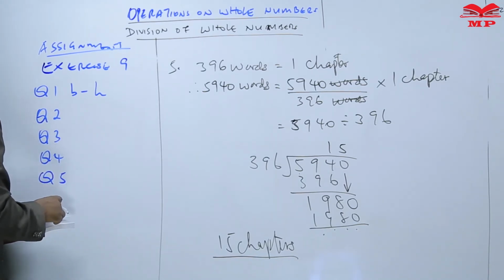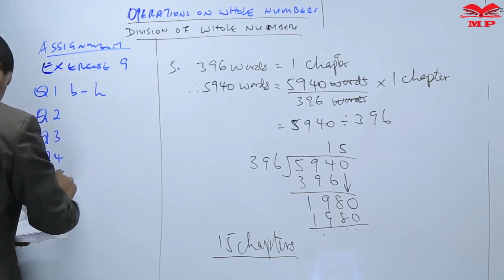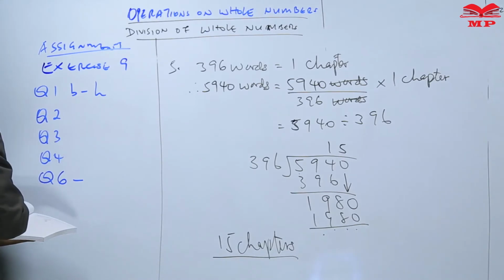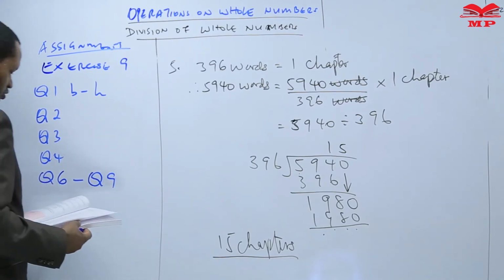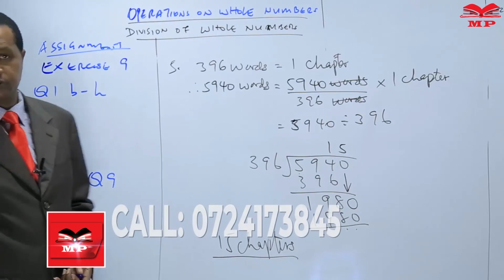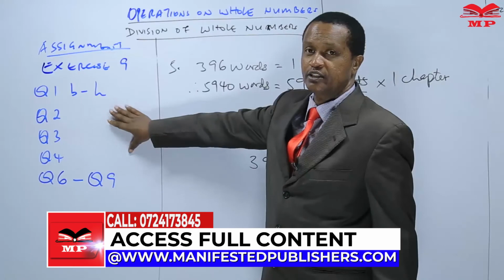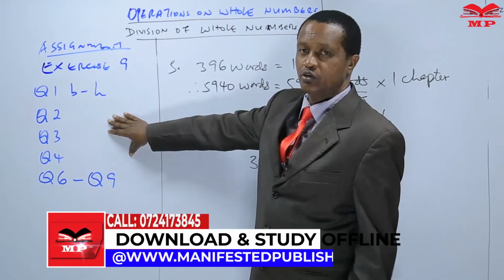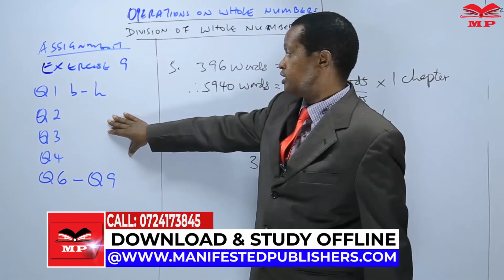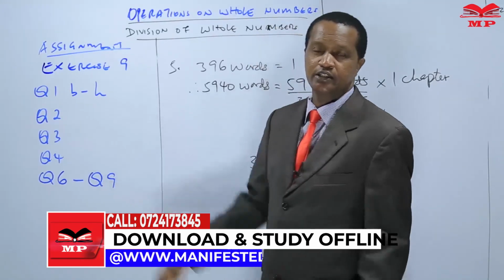You must attempt the word problems. We have done question 5 together, so you go to question 6 up to question 9. Go and do all the questions that are written on the board before you attend our next lesson. Then in case you have any problem answering these questions, write to us. Go online below this video, write to us, and we'll help you answer any of the questions that you find not easy.